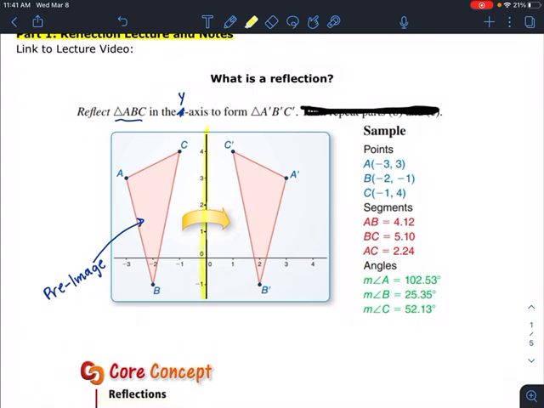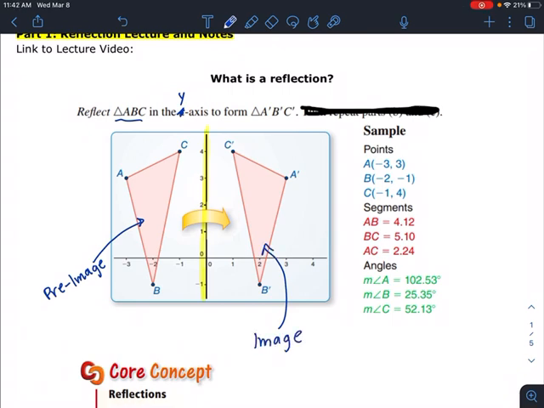This is our line of reflection. So if you imagined this on a piece of paper and you were to fold your piece of paper along this yellow line, your shape would end up on the other side. So this is the pre-image, and this would now be the new image, right?